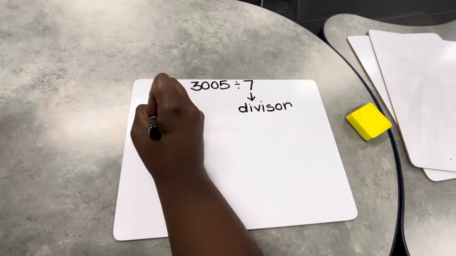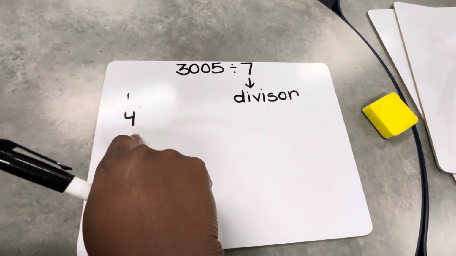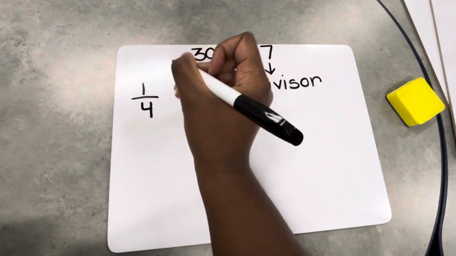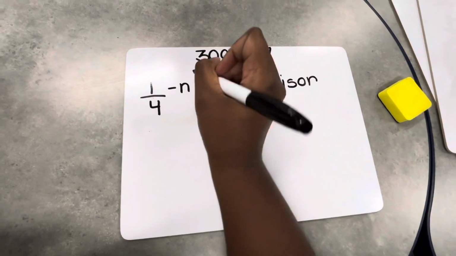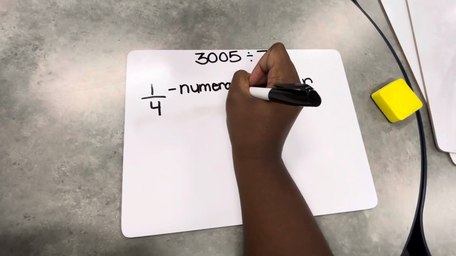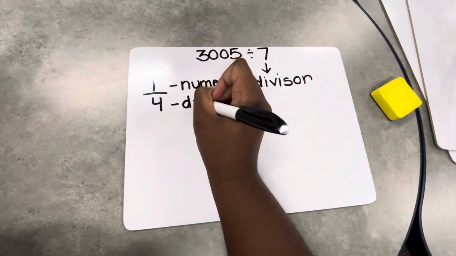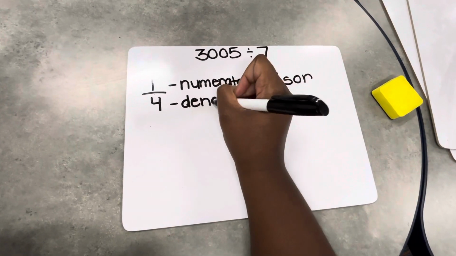We aren't going to go into great detail with fractions. We're only going to talk about the terminology. So when we look here, we have 1/4. What we're going to focus on is that the 1 is what we call a numerator. And the 4, or the bottom number, is what we refer to as a denominator.